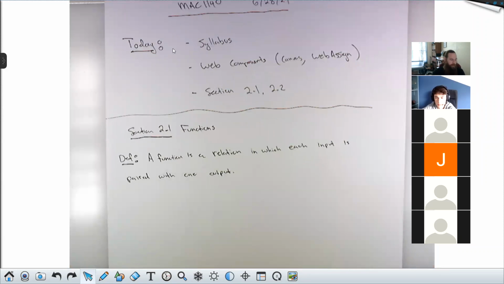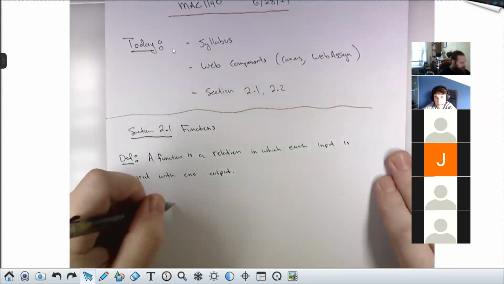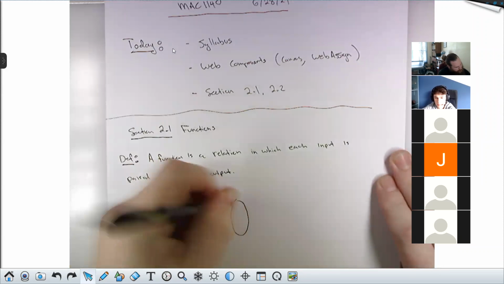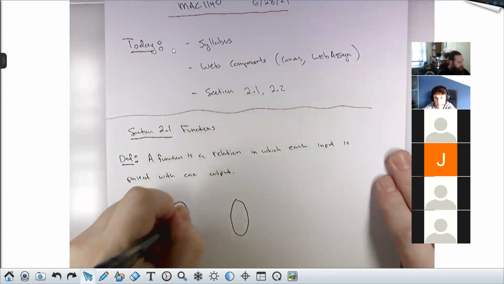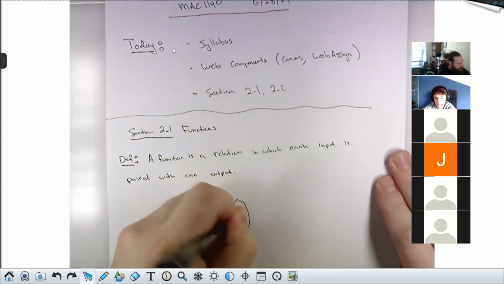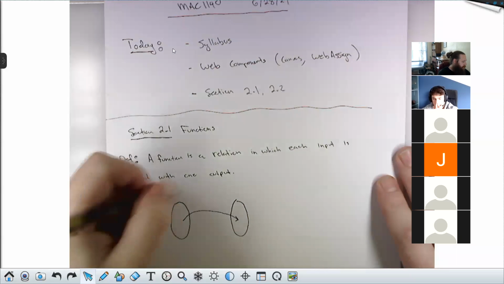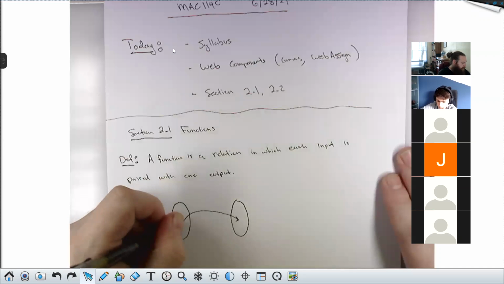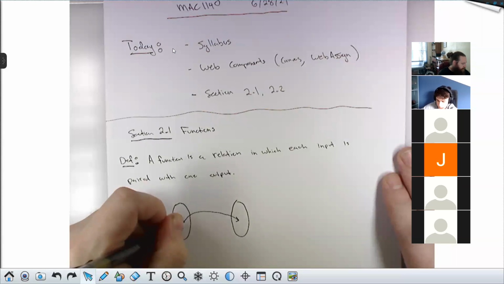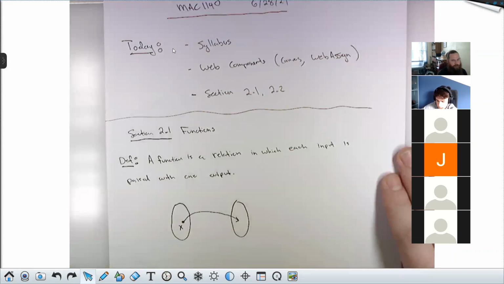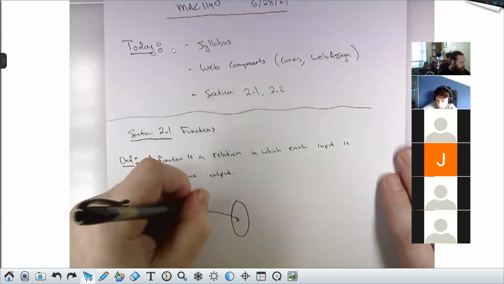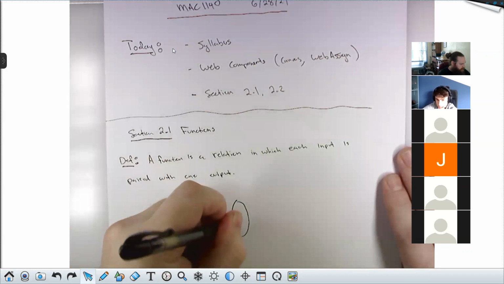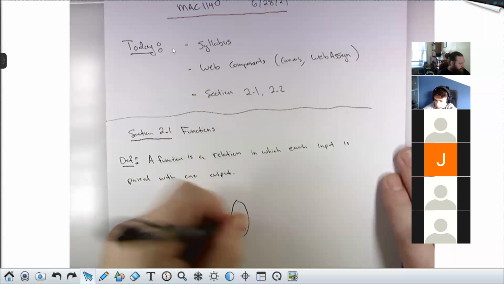But the basic way to think of a function is as a machine that takes objects from one set over here, maybe takes an object that I'll call x, the function we would call f, and it sends each one of the objects over here to a single object over here that we call f of x.